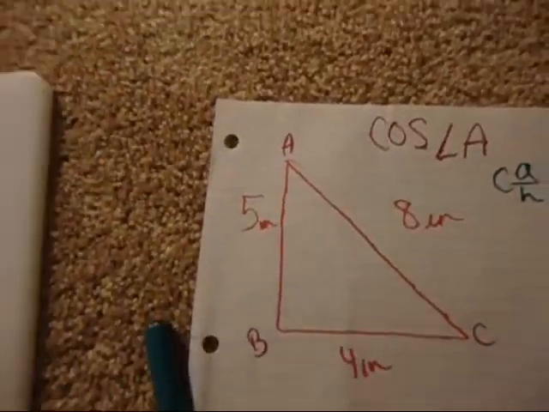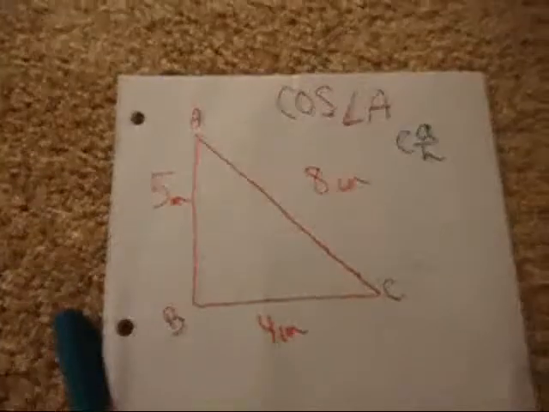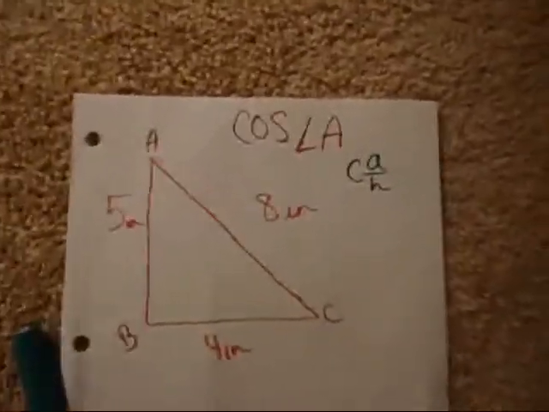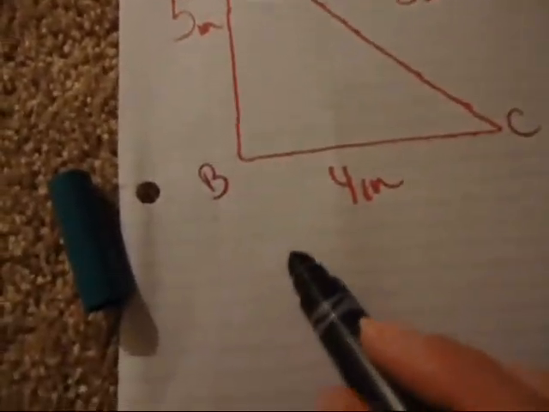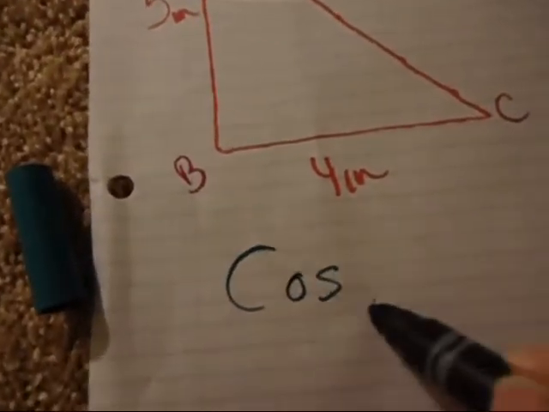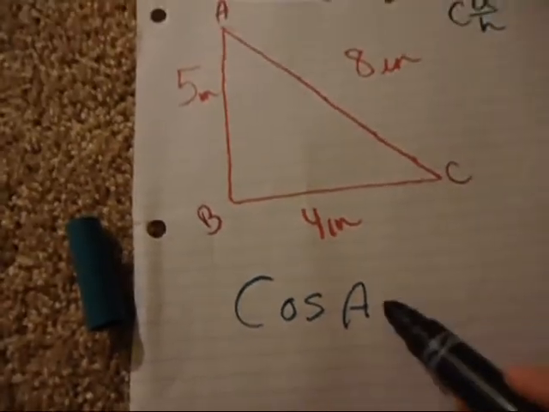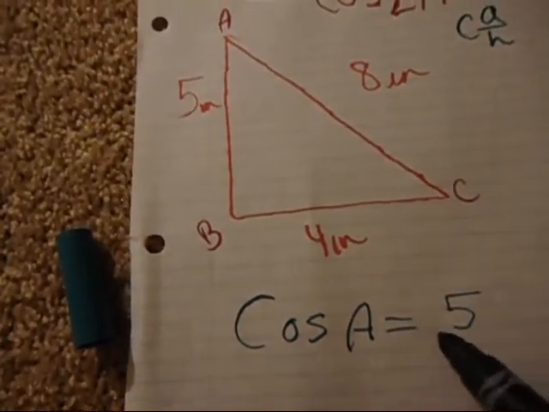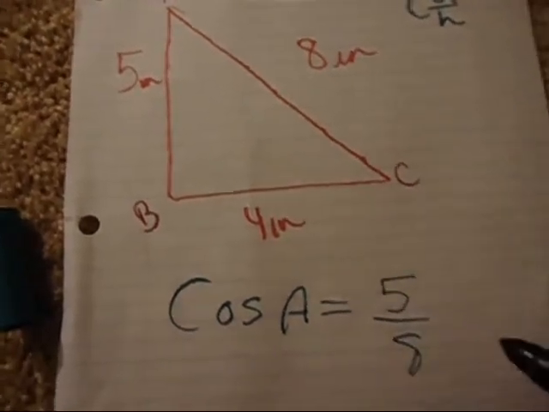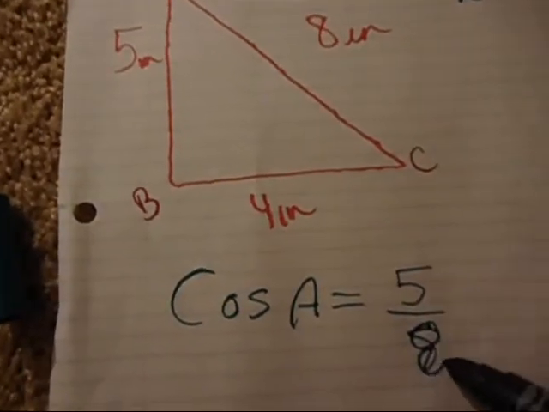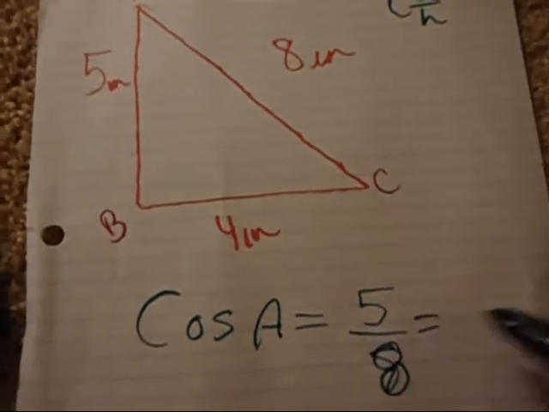Let's start. Cosine of angle A. The adjacent side is 5 inches, and the hypotenuse is 8. Now we're going to plug it into our calculator.